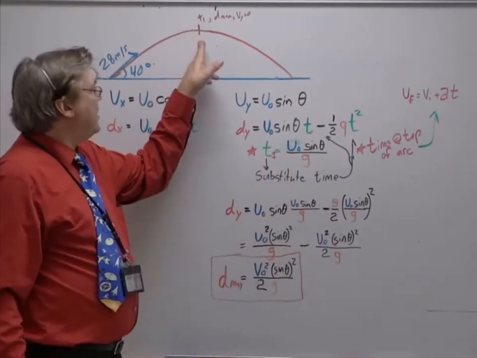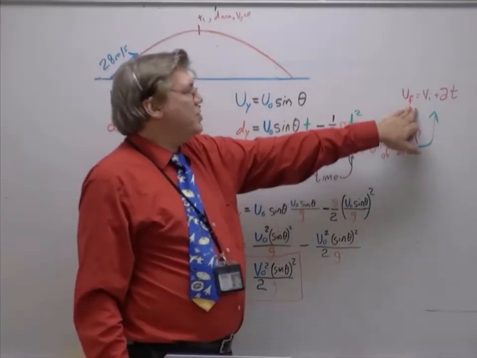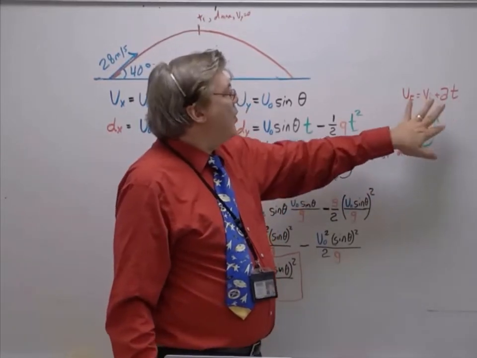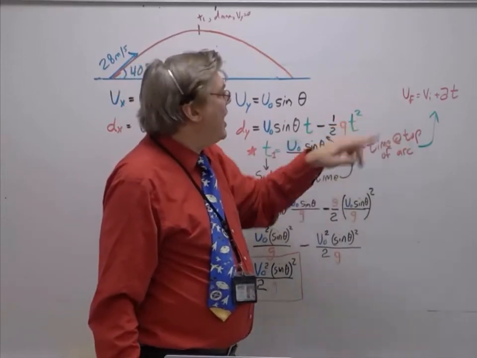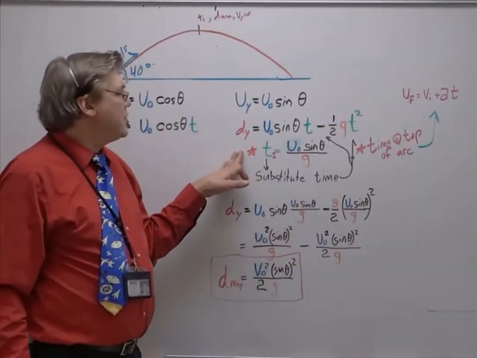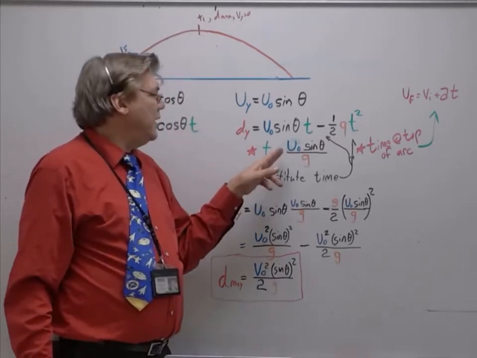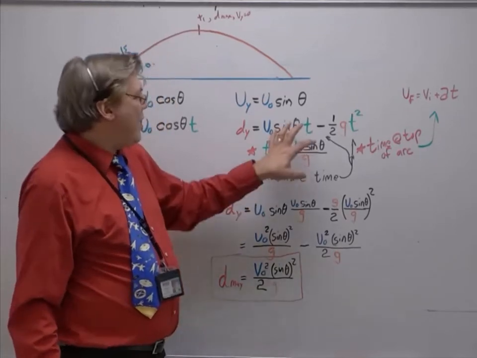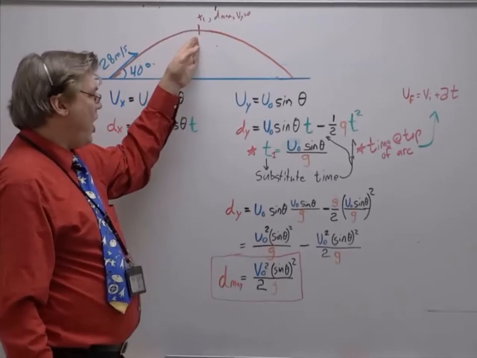The time right here is where the velocity is equal to 0. And we have that old equation, final velocity equals initial velocity plus at. We can rearrange that for when Vf equals 0, and we end up with this equation: T1, as I called it, is equal to V naught times sine theta over g. So now we have the time at which the vertical velocity is 0.